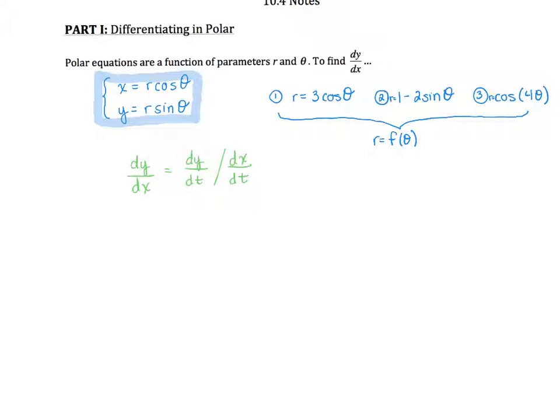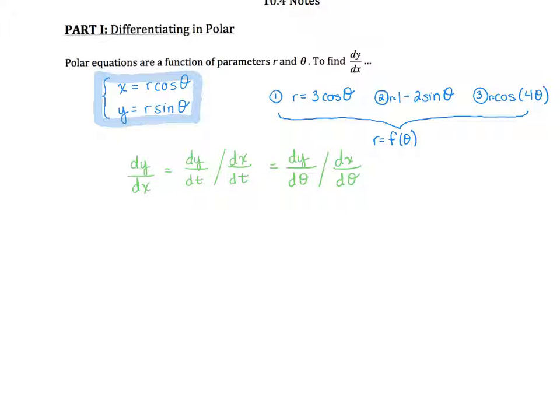Now, in this case, for polar graphs, x and y are not a function of t, they're a function of r and theta. Our parameter is not t anymore. So really, we would be looking at dy d theta over dx d theta.